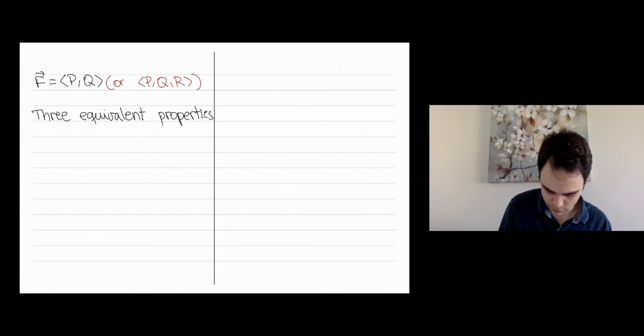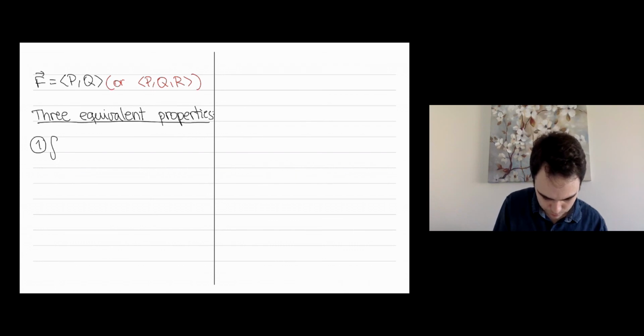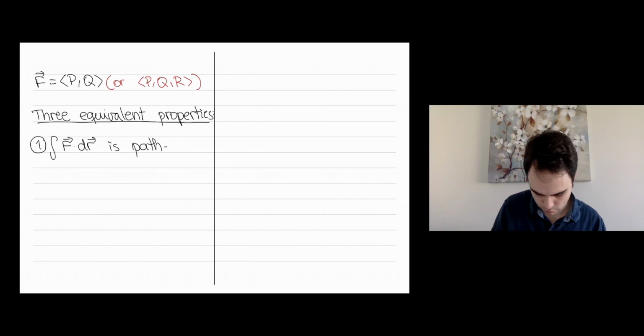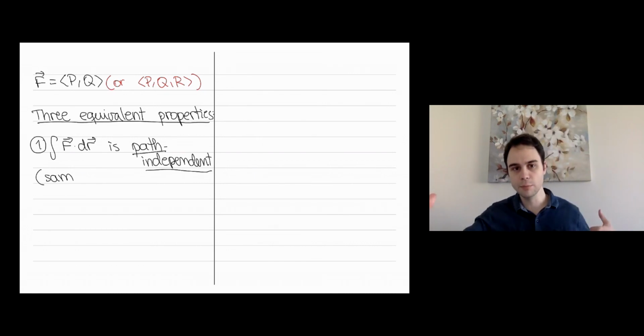Property number one is that the integral of f dot dr is path independent. This means if two curves have the same endpoints, then the integral is the same.